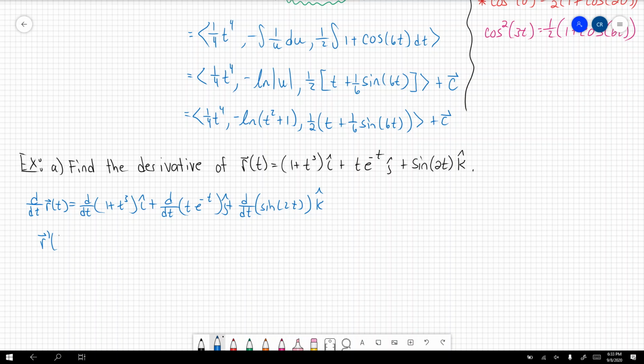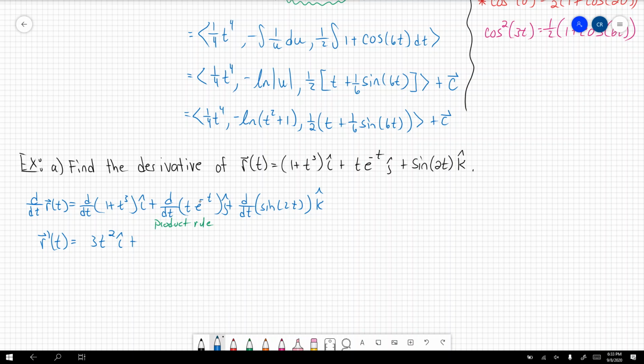So we have on the left-hand side of this equation r prime of t. First component, that derivative is going to leave us with 3t squared, and that's in the i component, plus, now I'm going to need a product rule here. I'm just going to denote here we need a product rule.